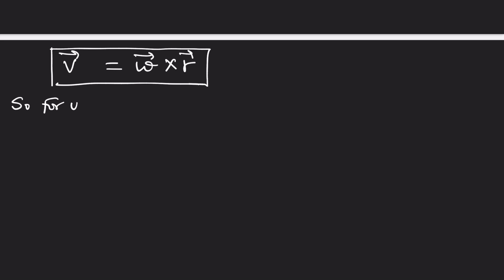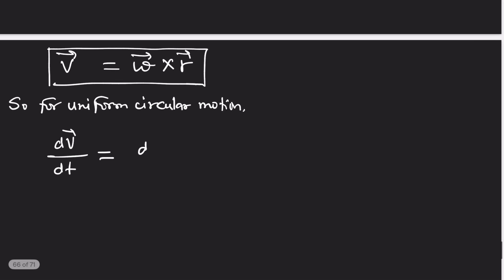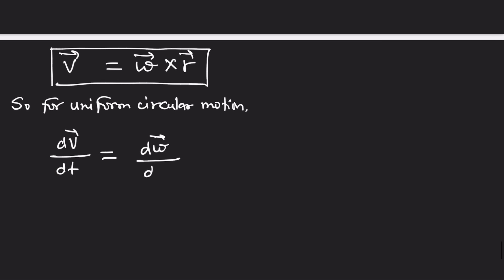For uniform circular motion, the dv by dt that we were looking at to find out will be equal to d omega by dt cross r plus omega cross dr by dt. Is this okay? I hope you're getting my point.